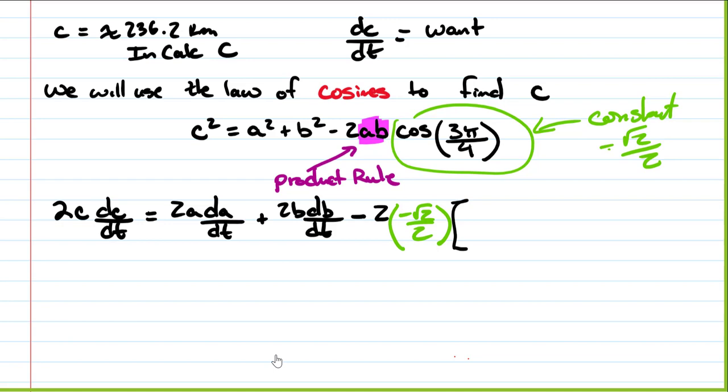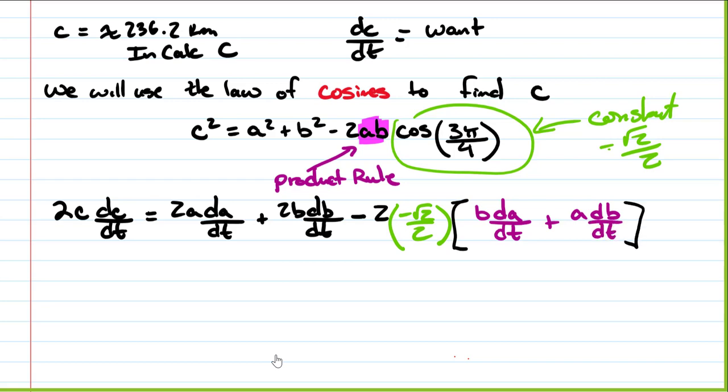So the product rule is going to be g f prime plus f g prime. So in this case, it's going to give me b times dA/dt plus a times dB/dt.